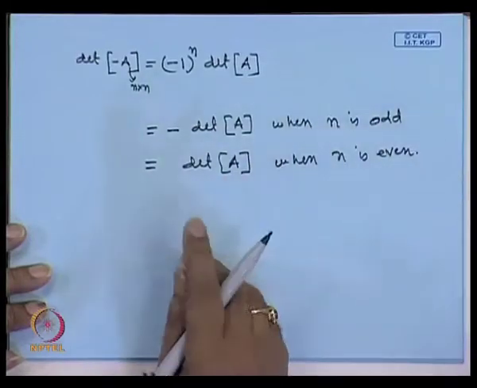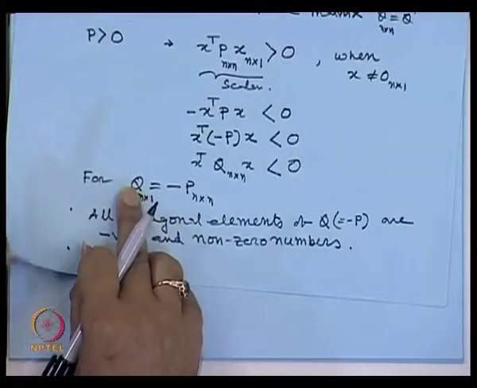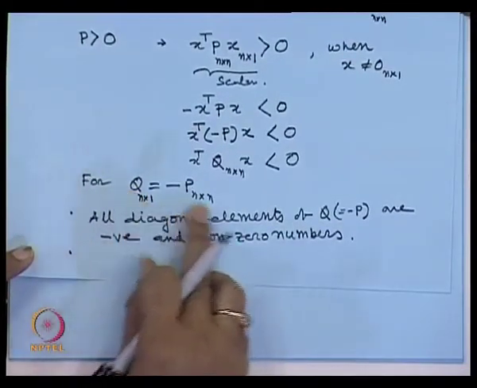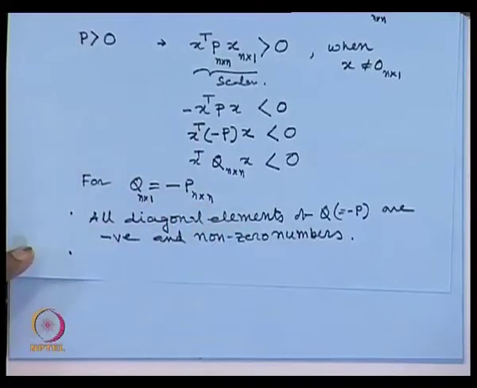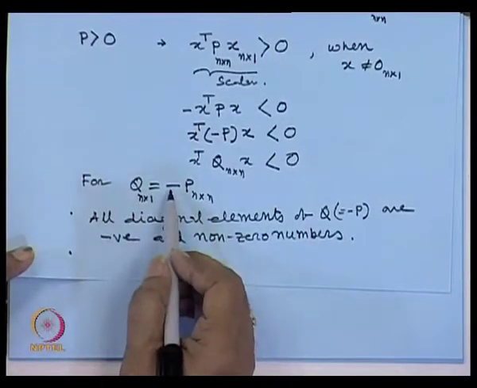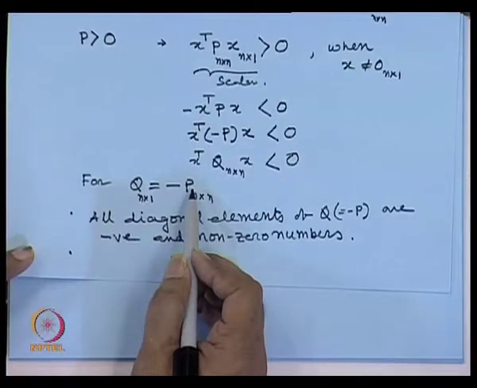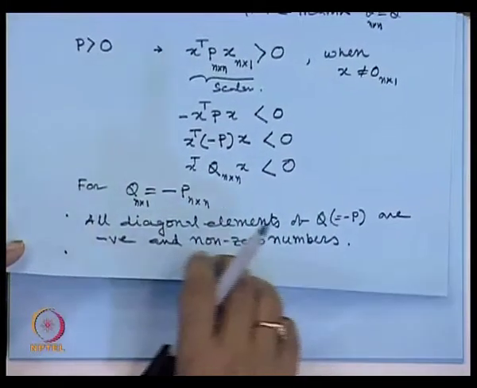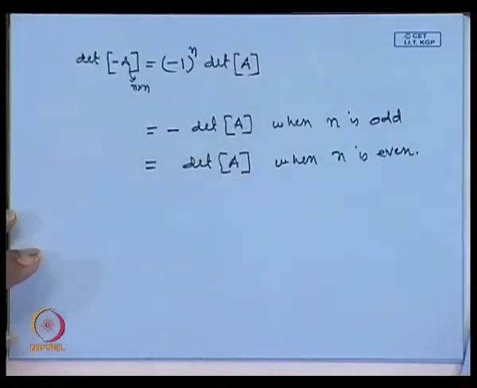So, these results I will apply when we test the negative definiteness of this matrix Q. You see Q is nothing but minus P, where all the elements of P are now multiplied by minus 1. Now when you find the leading principal minors, there are two steps.